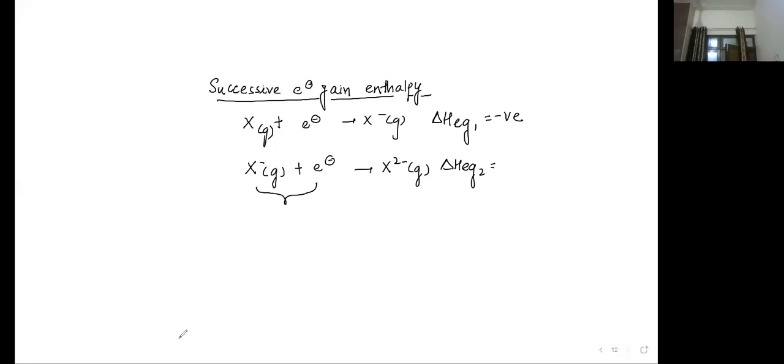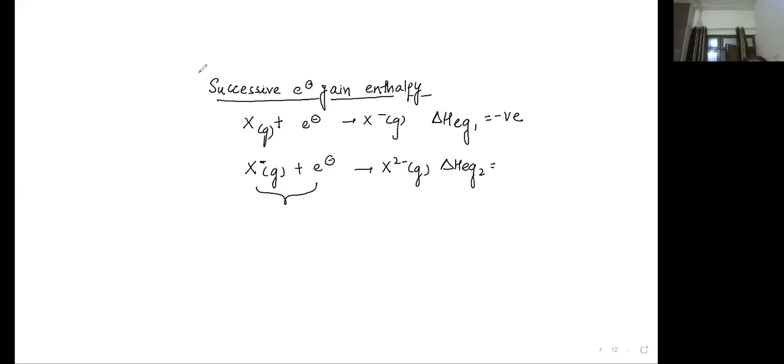In negative, you are adding negative. So addition of electron will be difficult or easy? This is negative. In negative, you are adding negative. So there will be attraction or repulsion? There will be repulsion.